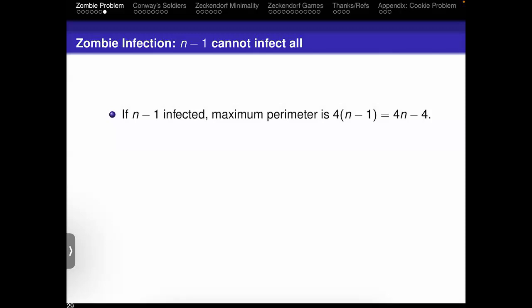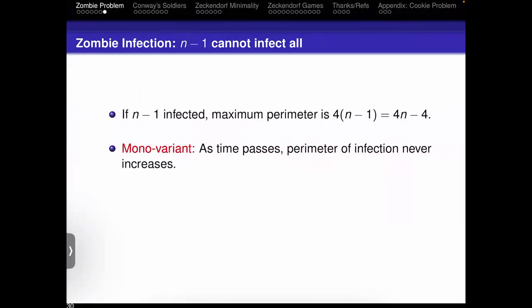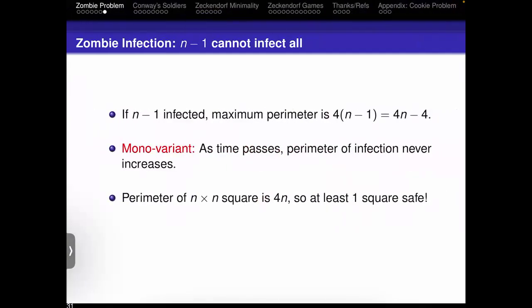If everybody's infected, what's the perimeter of the infection? 4n. And I just told you if n-1 are infected, the maximum perimeter we can have is 4n-4, and the perimeter of the infection never goes up. So as time increases, the perimeter never increases. The perimeter of the n by n square is 4n, so at least 1 square is safe.